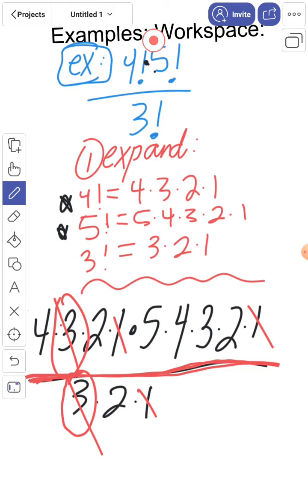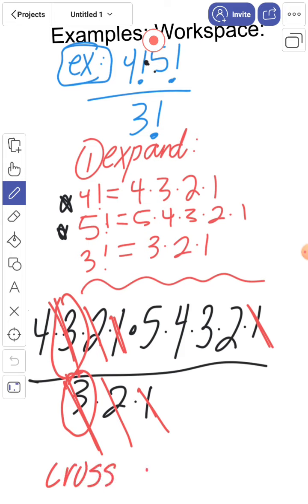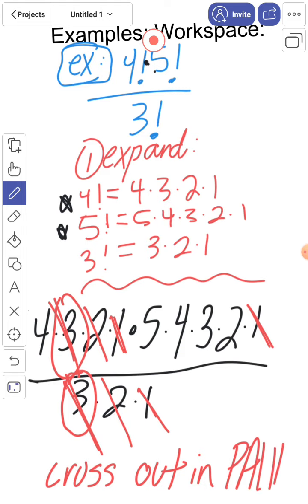So 3 divided by 3 is 1. So that's why I can cross those out. I cross out those 3s. I cross out all those 1s just because they don't do anything to my final answer. And I'm also going to cross out those 2s. So you cross them out in pairs.